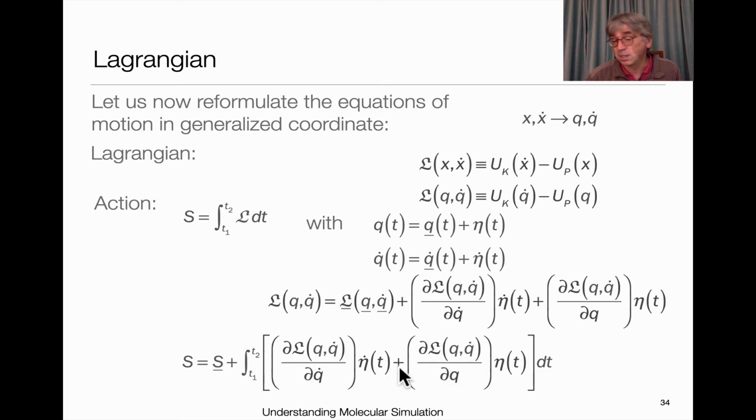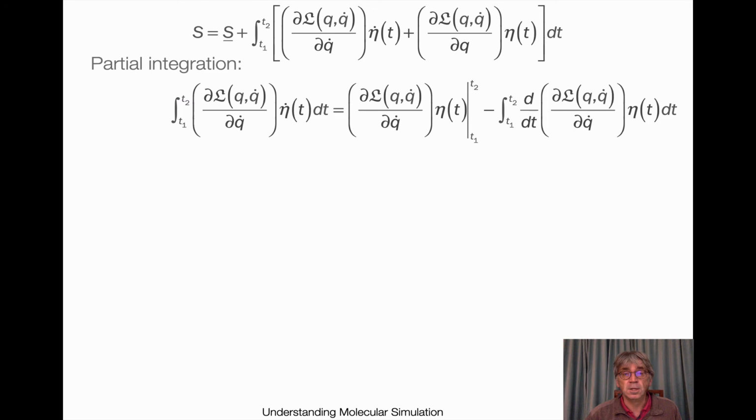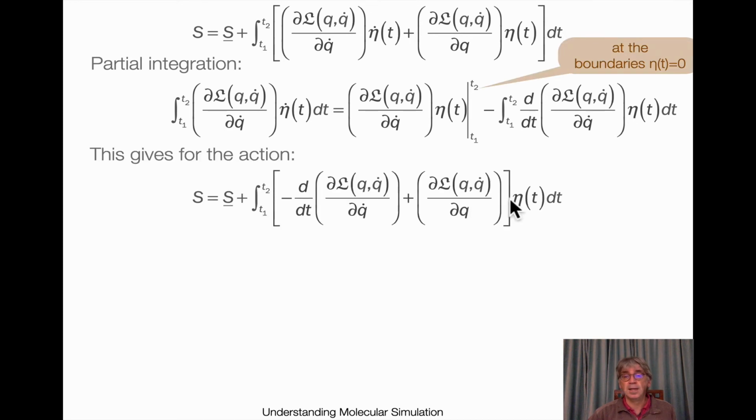The upgrade is like we did before, you get the double derivative of this one. The way to do that is partial integration. We take advantage of the boundaries where the eta terms disappear. So we have the time derivative here, and this is then the action.